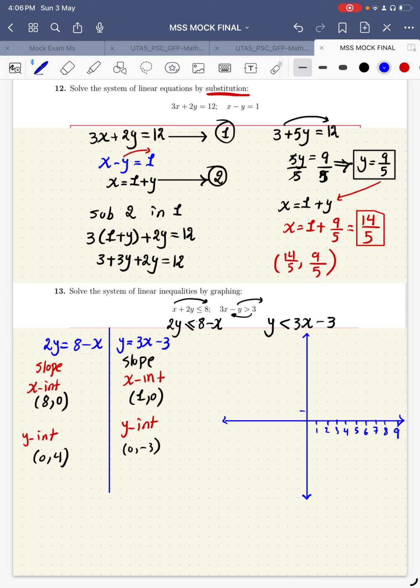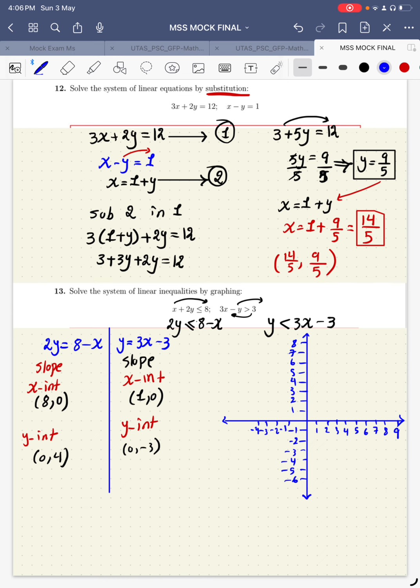And here again, I'm gonna name some points 1, 2, 3, 4, 5, 6, 7, and 8. Again, here I'm gonna name some points -1, -2, -3, -4, -5, -6, and here again -1, -2, -3, -4, and so on.